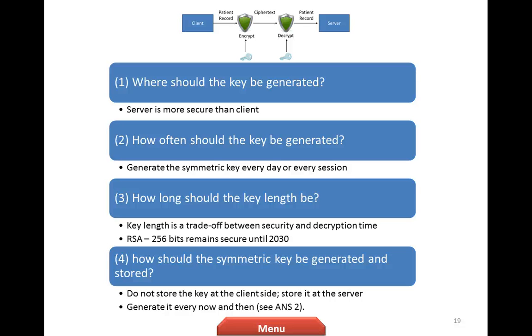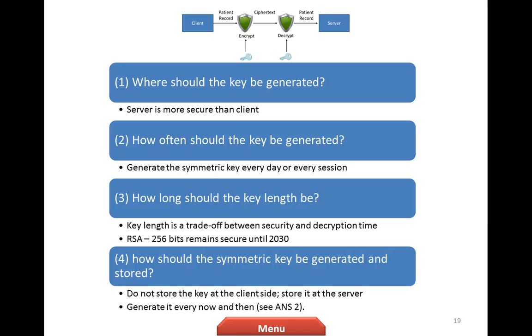So every session you generate a shared symmetric key, and if there's an attacker that was able to crack the key, the next session he won't be able to do it. You can also do it every hour if you want. But the idea is to do it as regularly as you can, to make sure that the transmission channel is secure, and during that period, an attacker cannot actually attempt to decrypt the data.